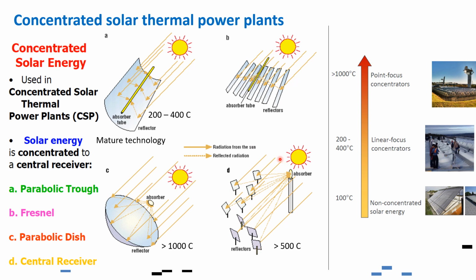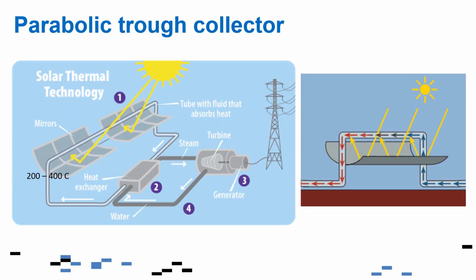So there is a lot of potential for large scale production of electricity. And in Australia as well, we are constructing a number of these concentrated solar power plants for us to have more energy security as a way of contributing to our energy mix.